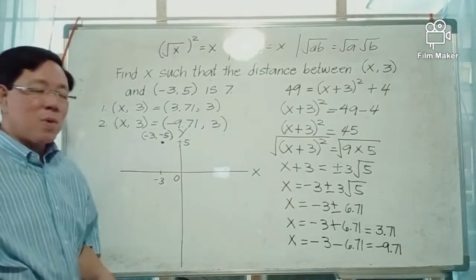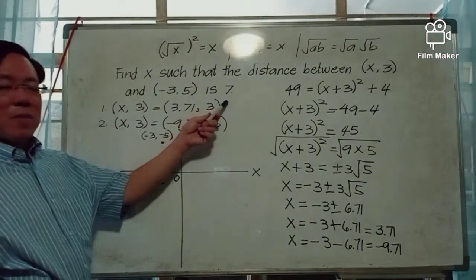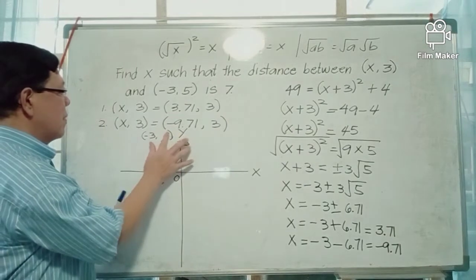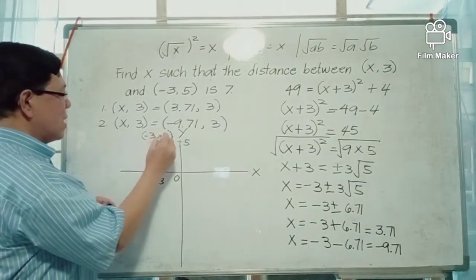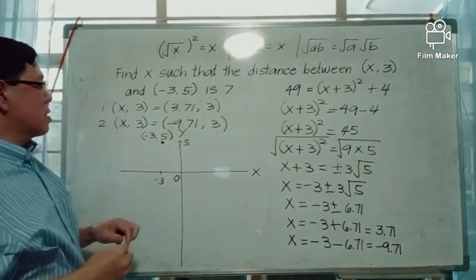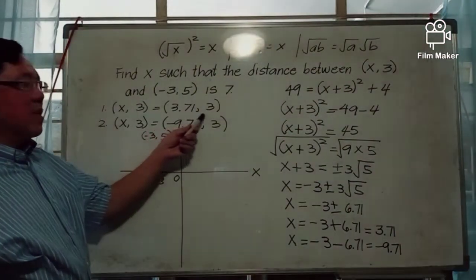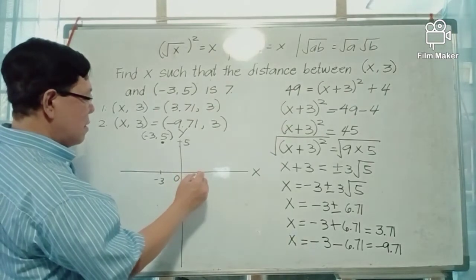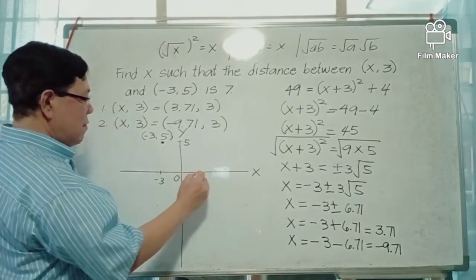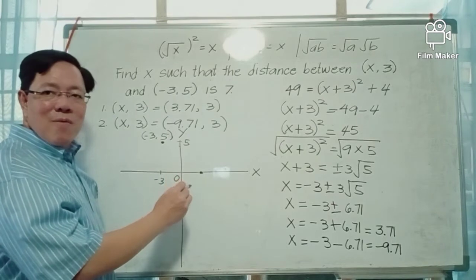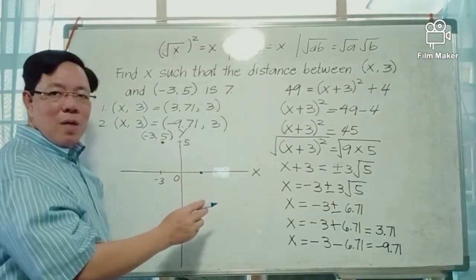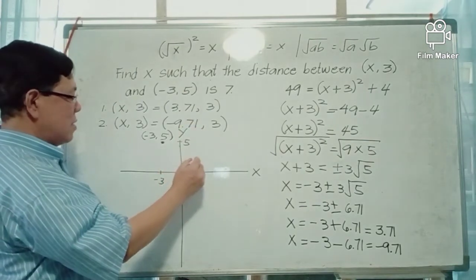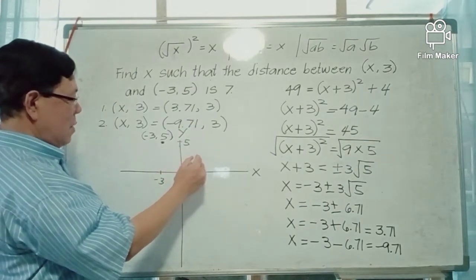The first point we find with a distance of 7 from this point (-3, 5) is the point (3.71, 3), approximately. From 0 you count 3.71 units going to the positive x-axis, and from this point you count 3 units upward. We approximate.